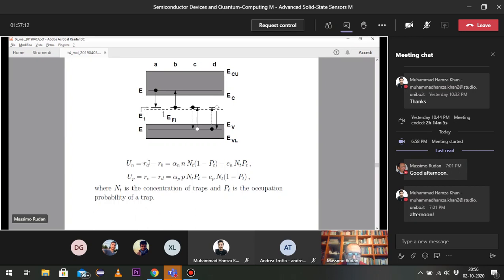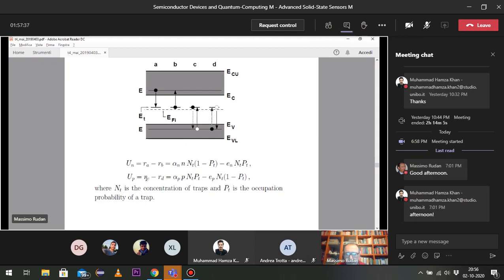RA is the number of events of type A per unit volume and time. RB is the number of events of type B per unit volume and time. So UN is obviously the difference between RA and RB.